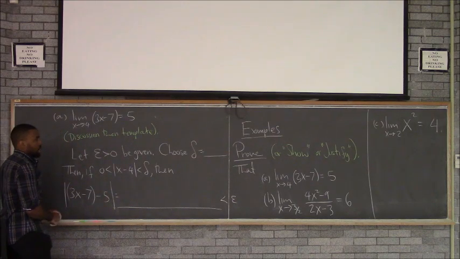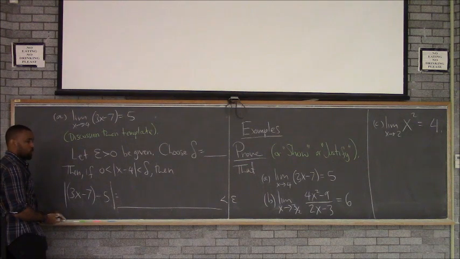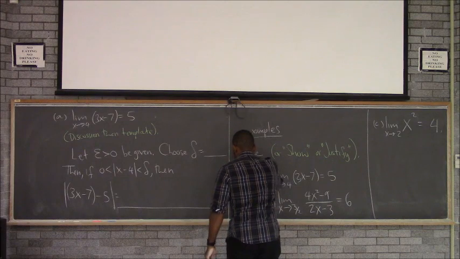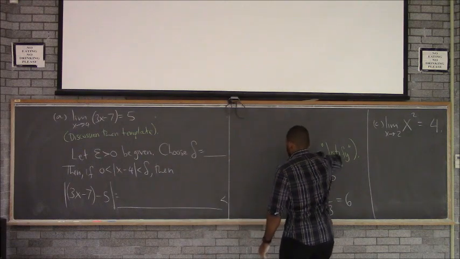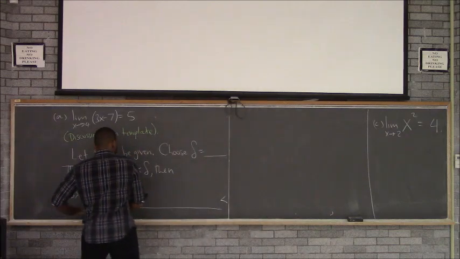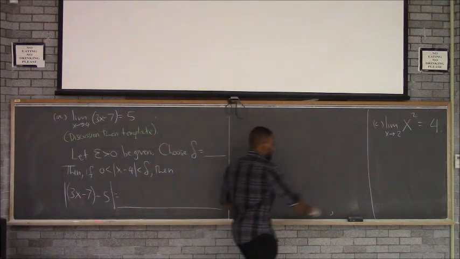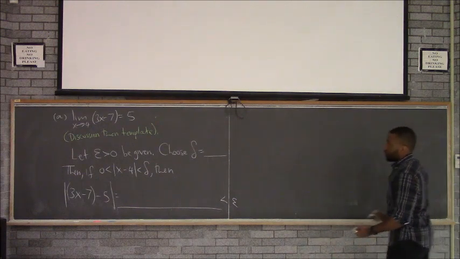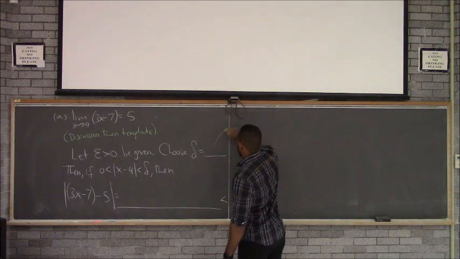Okay. So now, how do you actually figure out what will get this to work? Well, here you go to the side and you do some scratch work. Let's make sure that this works. How am I going to know what to pick here?